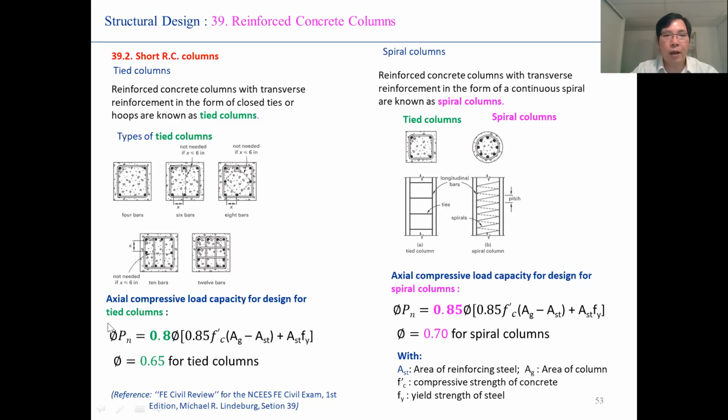And I give in this slide the equation to calculate the axial compressive load capacity for design of the tie column according to the equation. And for the spiral column, you can apply the equation for the calculation of the axial compressive load capacity.